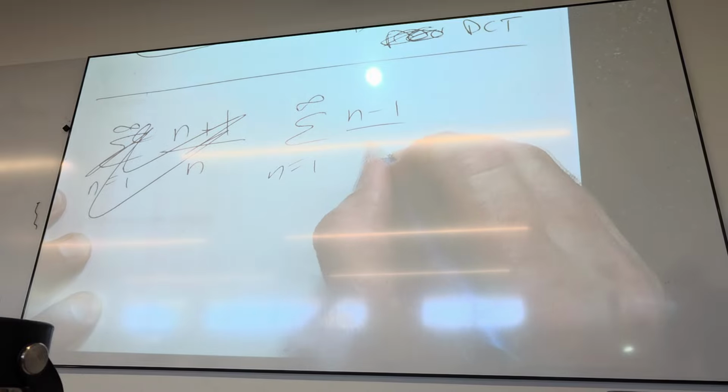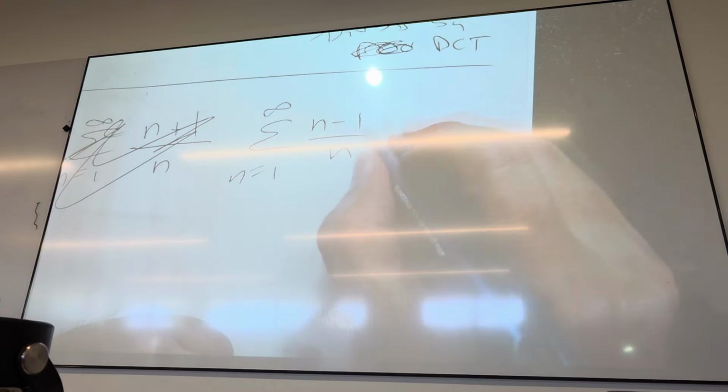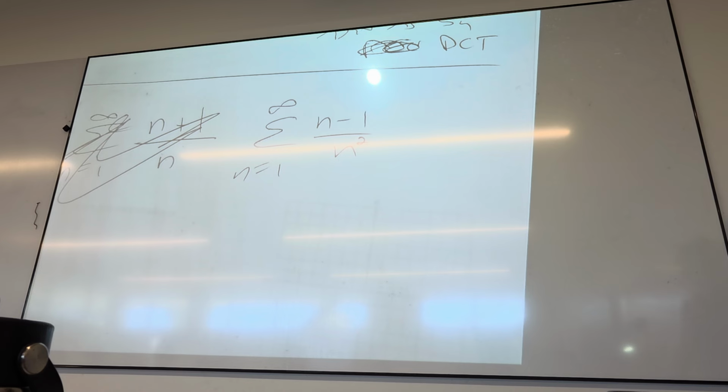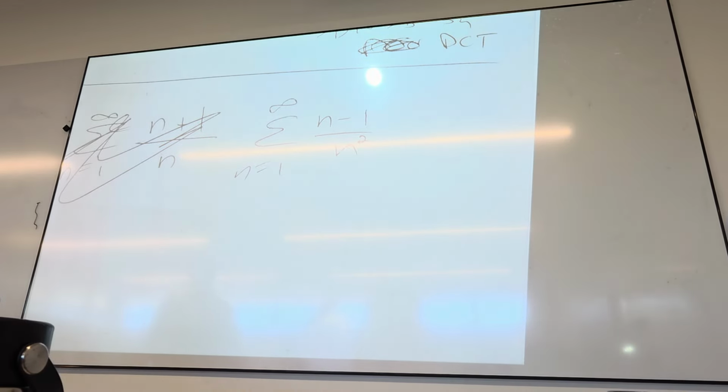Yes, I think this will do what I want. Oh, not quite. I need this to be square. There we go. I'll get there eventually. I think this will do what I want. Let's find out.